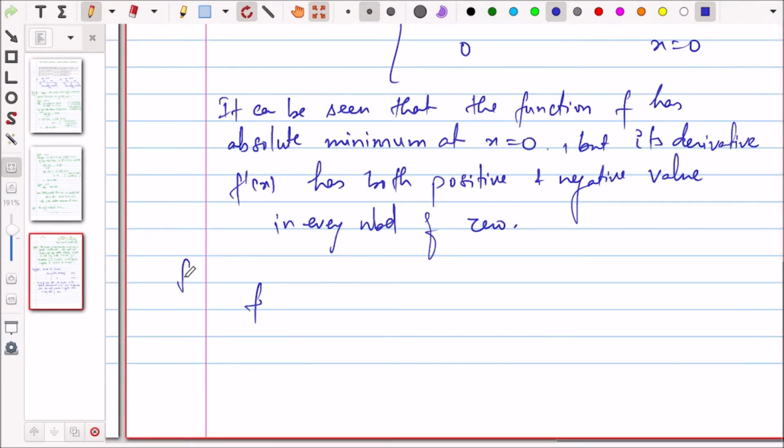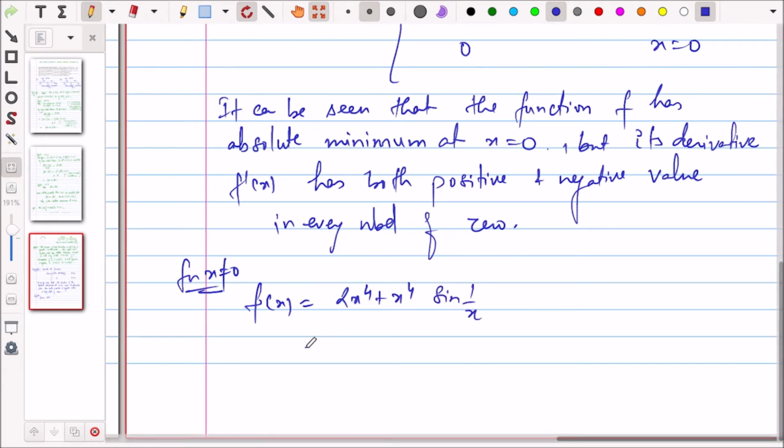So for x not equal to 0, f of x is equal to 2x to the power 4 plus x to the power 4 sine 1 by x, right? So if you take x to the power 4 outside, you will get 2 plus sine 1 by x.